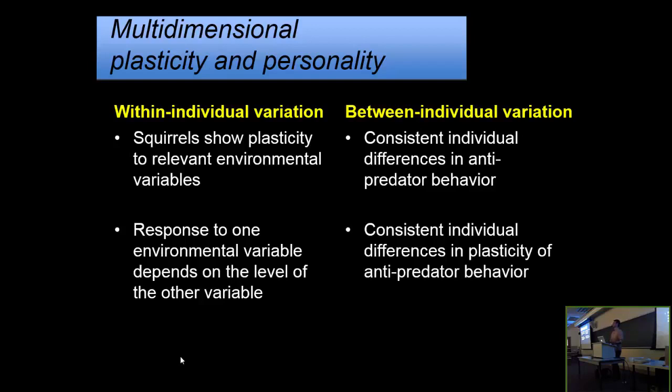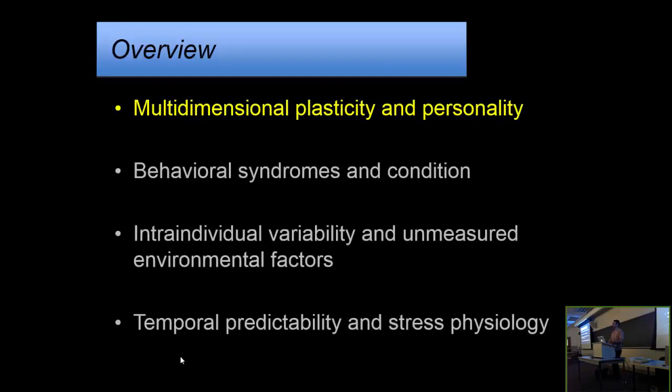So this has been studied for a while, looking at plasticity and personality, that we have variation at these two levels. Individuals might be changing, and that's one aspect of variation, but those individuals show consistent individual differences, another aspect of behavioral variation. So that's been evaluated in the context of plasticity before.